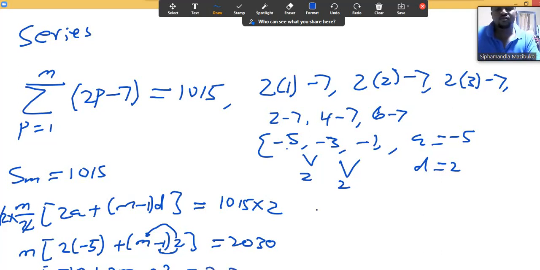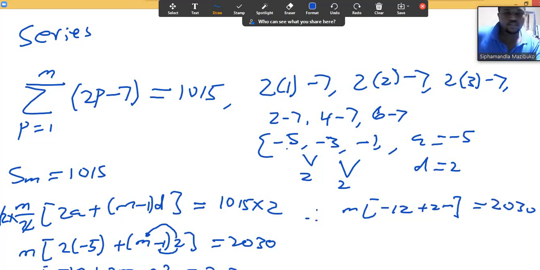Let's continue from here. Therefore you can see clearly we will have m, and inside the brackets we have minus 12 plus 2m, equal to 2030. Then we multiply m with that and also with that.